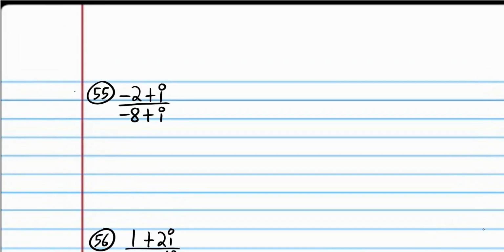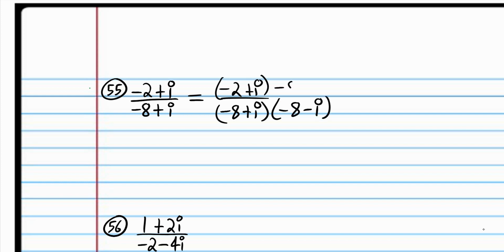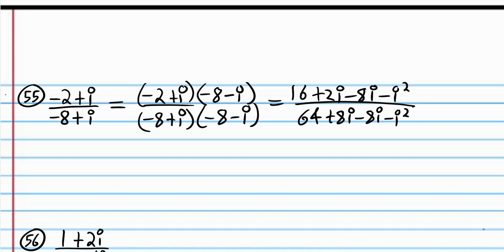All right, we're back. So we're going to rewrite, and we're going to multiply the numerator and the denominator by negative 8 minus i. And as usual, these i squareds are going to become negative 1s.